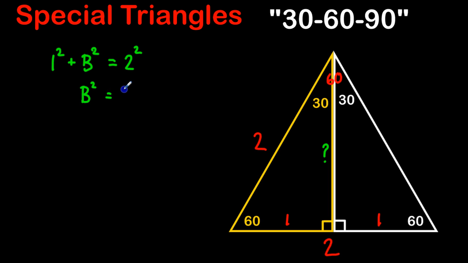Subtract 1 from 4 and you get 3. And so b squared is equal to 3, and we've solved enough quadratic equations to know that if I take the square root of both sides, I will have my value for b. So the question mark here, the long leg, is going to be the square root of 3. So I'm going to replace that with the square root of 3.